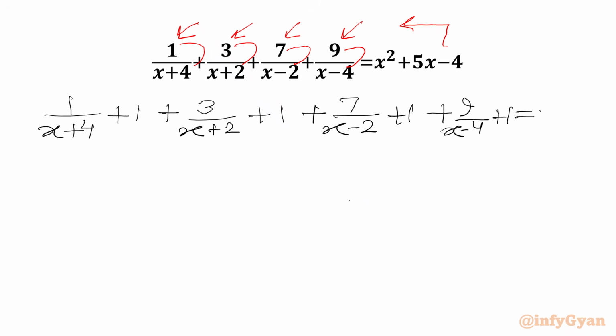And in the RHS we will write x square plus 5x. Now we will take LCM over here, over here, over here and over here.